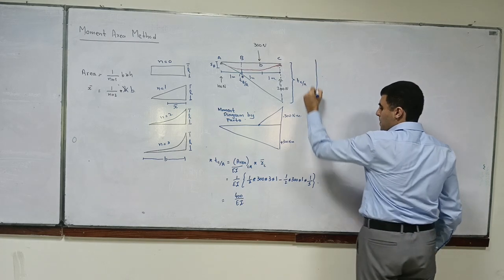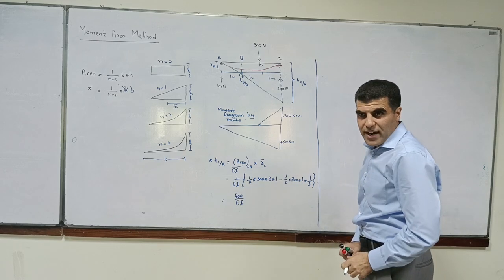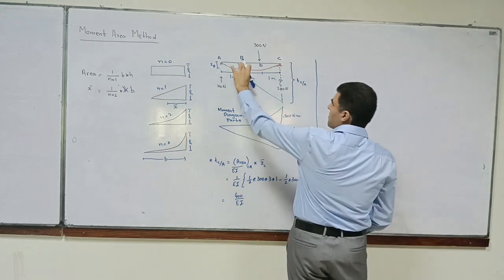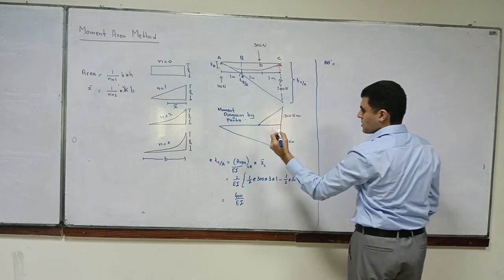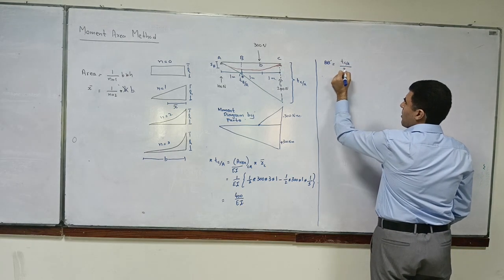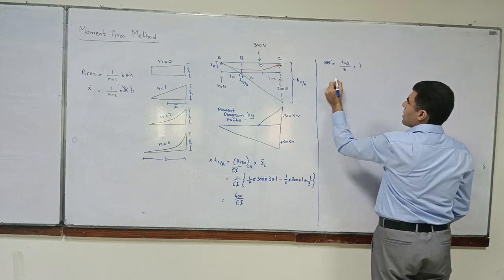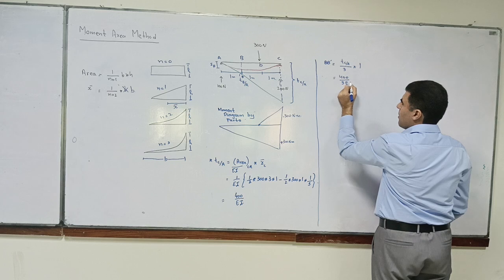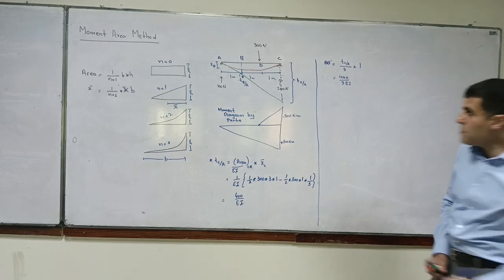Now, we'll try to find out TB by A. Or let us find out BB prime. Make sense?